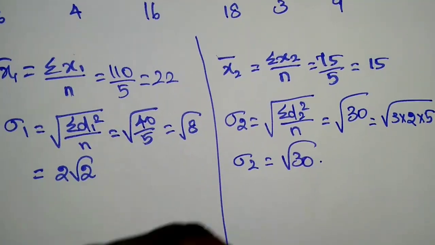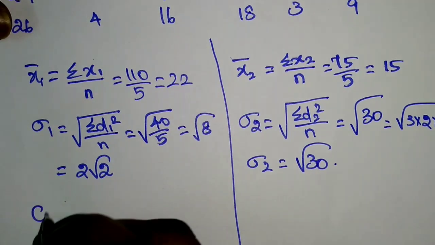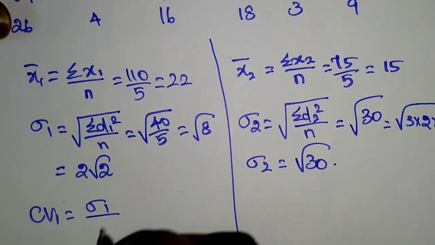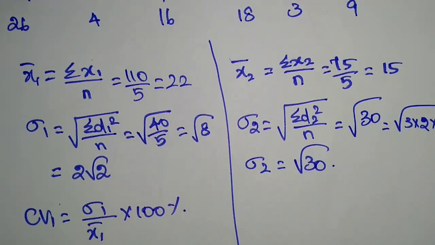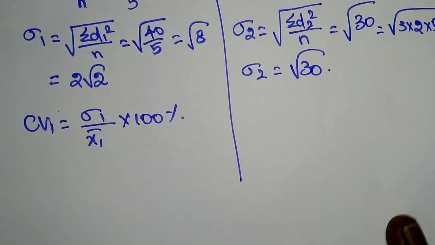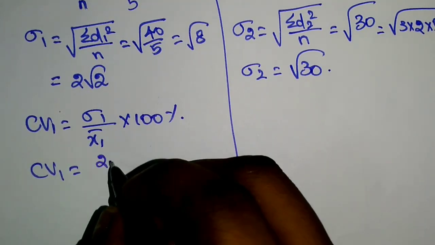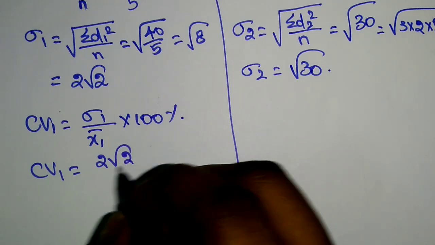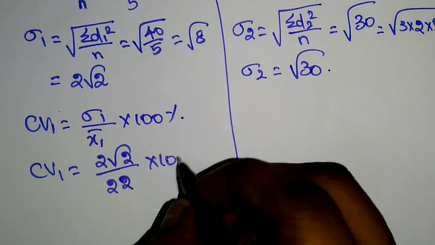Now we have to find CV1, which is equal to sigma 1 divided by x1 bar into 100 percent. So CV1 is equal to sigma 1, which is 2 into root 2, divided by 22, into 100.